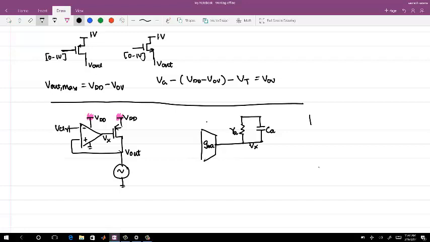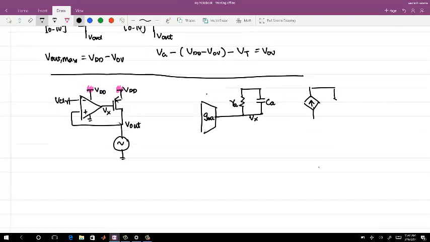Then I have the PMOS plus RDS of the PMOS MP and effective RL, and then there is a capacitor at the output C out, and all this is connected here, and this is the place where we have noise.